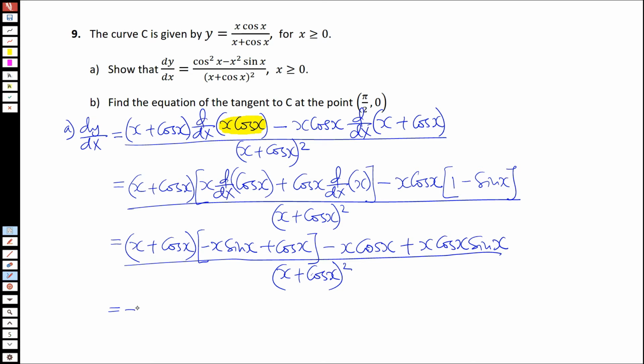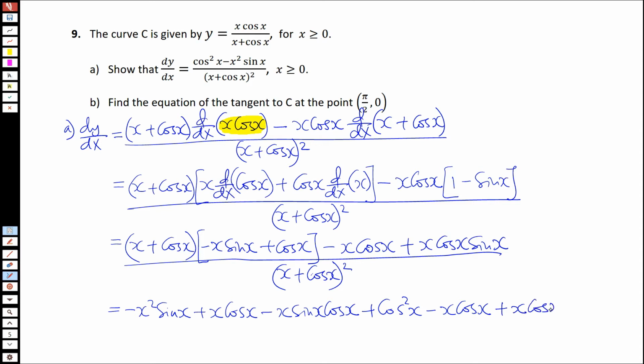So that will be equal to negative x squared sine x plus x cos x minus x sine x cos x plus cos x squared, and then we have minus x cos x plus x cos x sine x, and all this over x plus cos x squared.